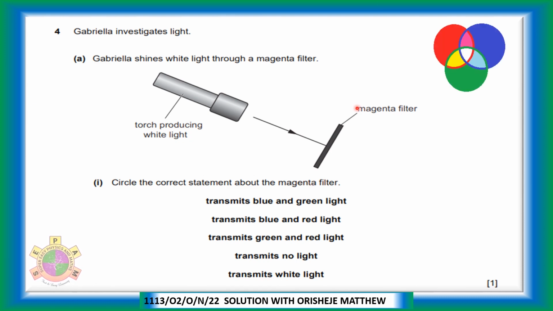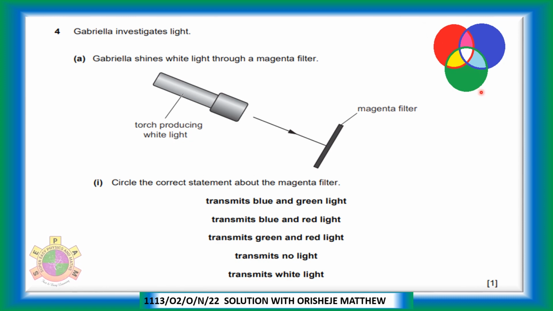So we'll look at the addition or the mixture of colors. The primary colors are red, green, and blue. Then you have the secondary colors. The mixture of red and green will give yellow.